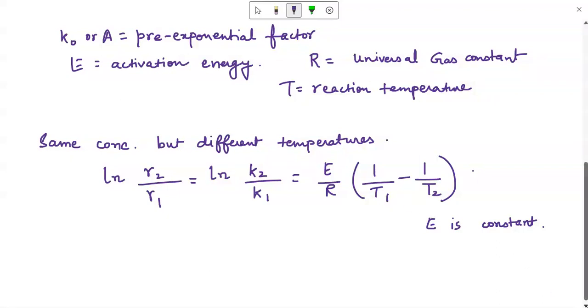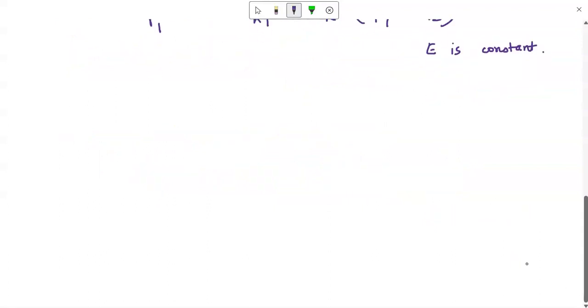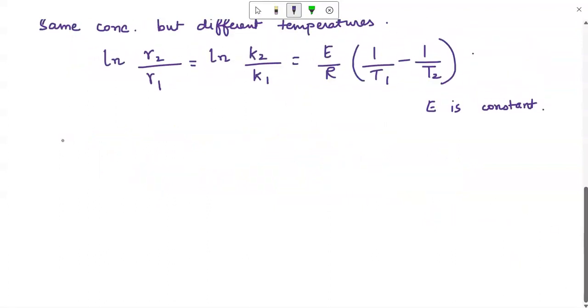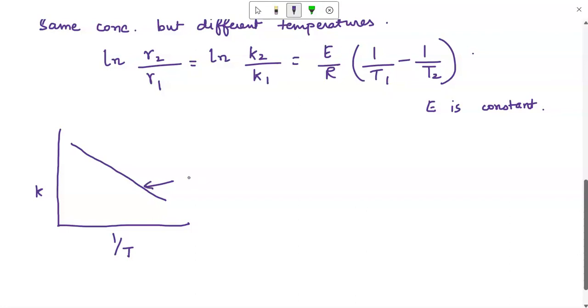Now let me visualize this graphically. If you make a plot of rate constant versus 1 by T, let's say this is your graph from your observations, then this slope here is given by E by R. This is the slope.